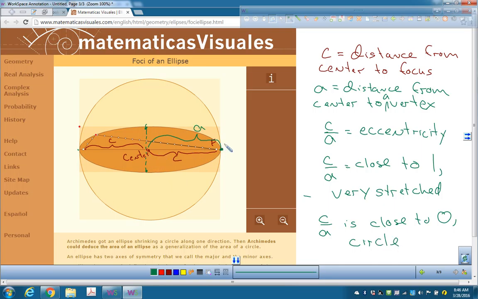If the focus is way out here and C over A is equal to 1, then you have a line. If C over A is close to 1, then you have a very stretched out ellipse. And if C over A is close to 0, then you have a really round ellipse.